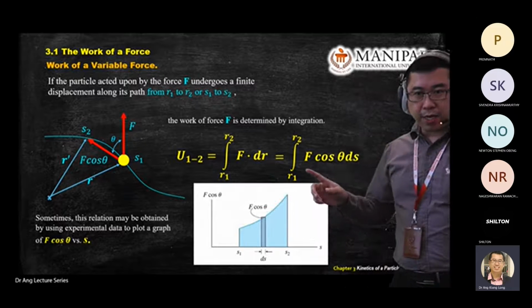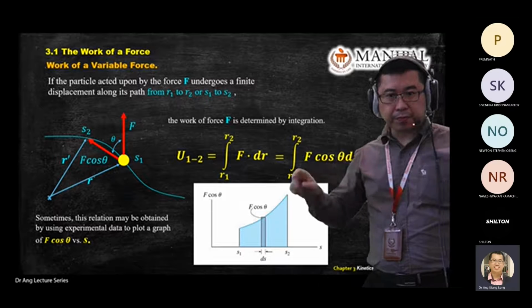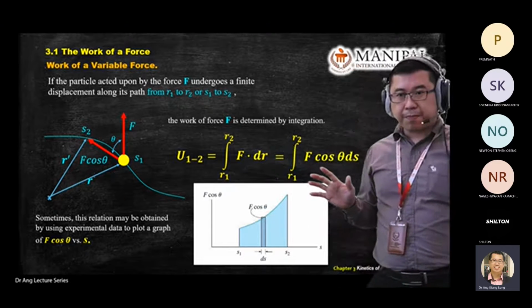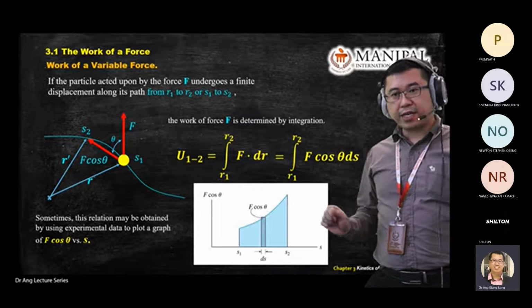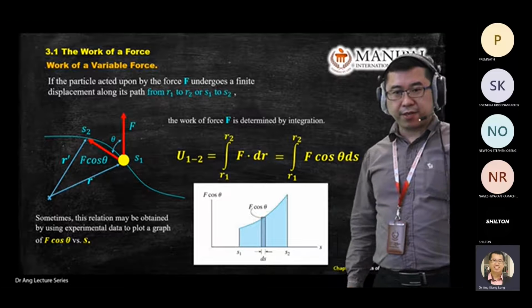I think this one should be changing to ds. So what can you link with this equation and the graph?